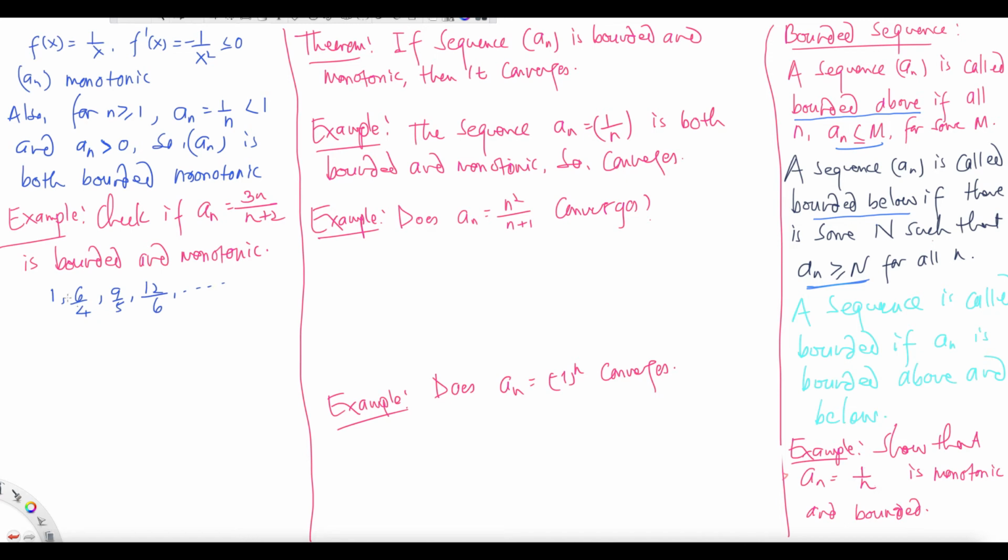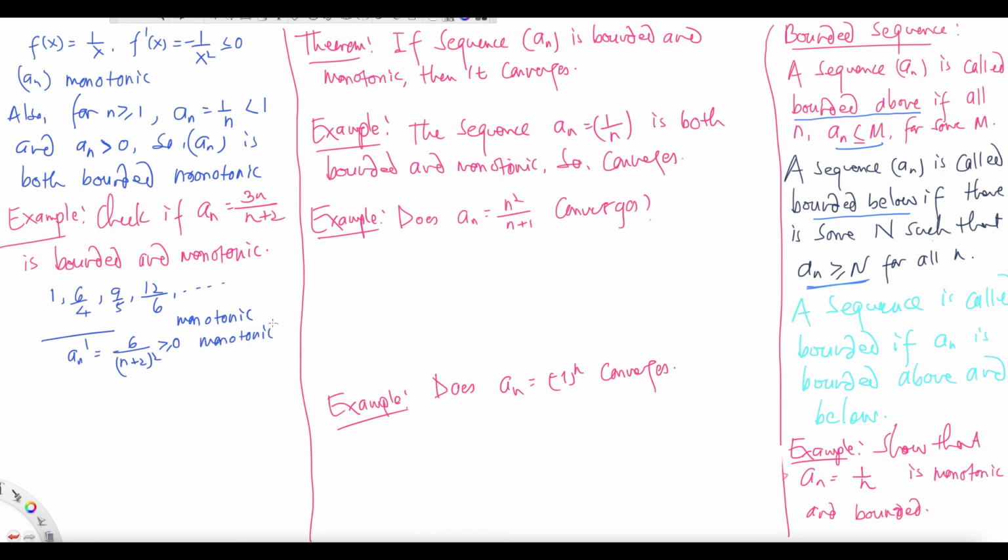You see that this is 1, this is 1.5, this is 1.8, and so on. So it is increasing, right? So monotonic. What is another way of saying that? If you find a_n prime, you will get 6 over (n plus 2) squared. So this is greater than or equal to 0, right? That's the alternative method to show it is monotonic.